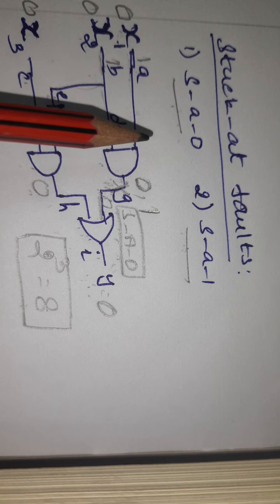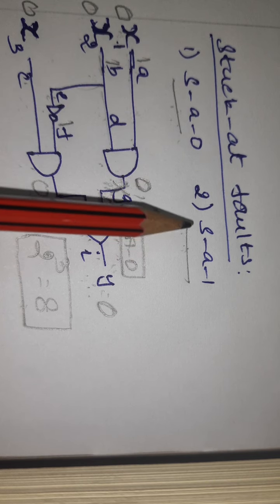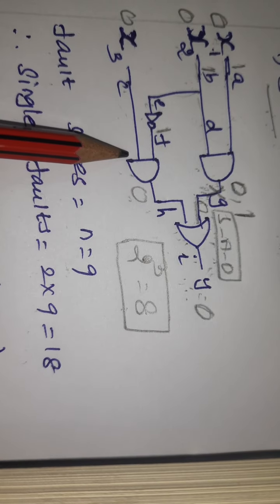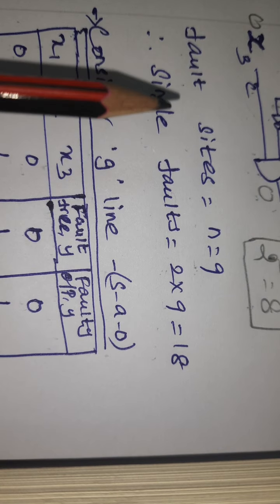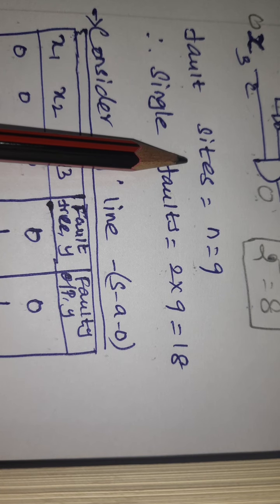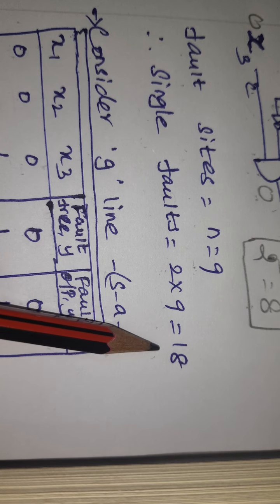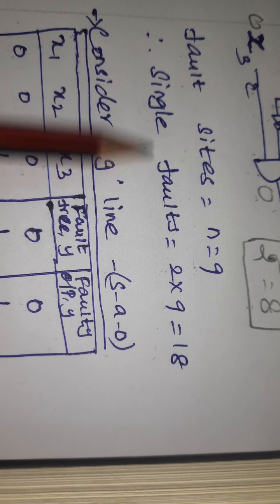For stuck at 1, that value is always considered 1. From this example we find how many fault sites are present in our circuit, and how many faults are present in our circuit if it is affected by stuck-at faults. That is only single faults.